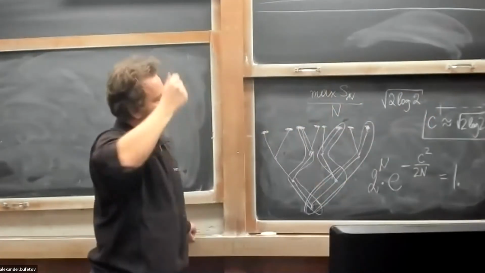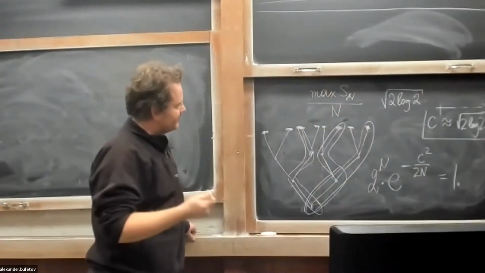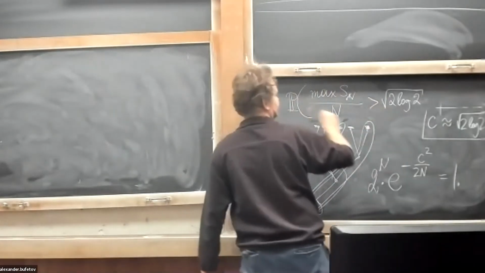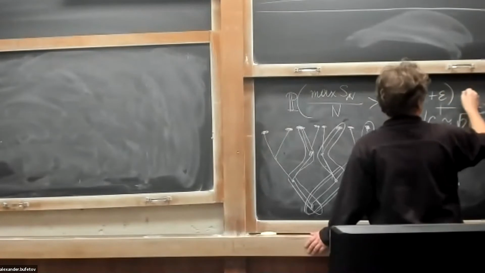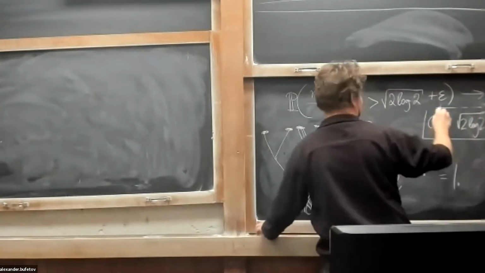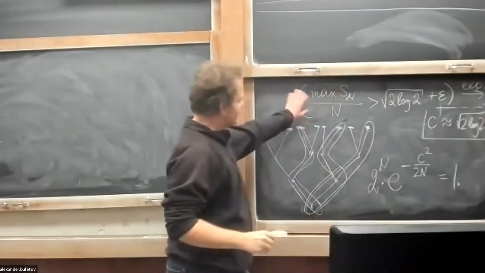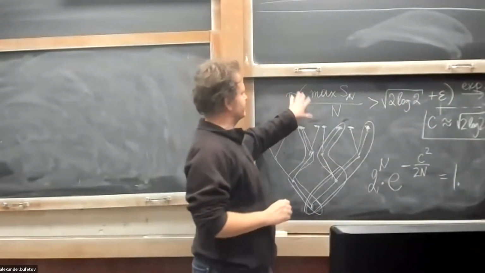So the probability that it is bigger than this plus epsilon goes to 0 exponentially. Please forget the logarithm I wrote here. It was a misprint. No, there is no logarithm.